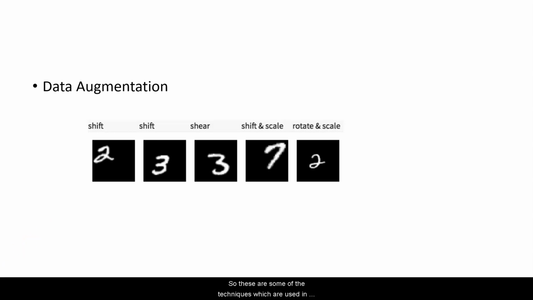These are some of the techniques which are used in regularizing your neural network. As we start to code our computer vision and natural language processing problems, we will be using all or most of these techniques in different problems.